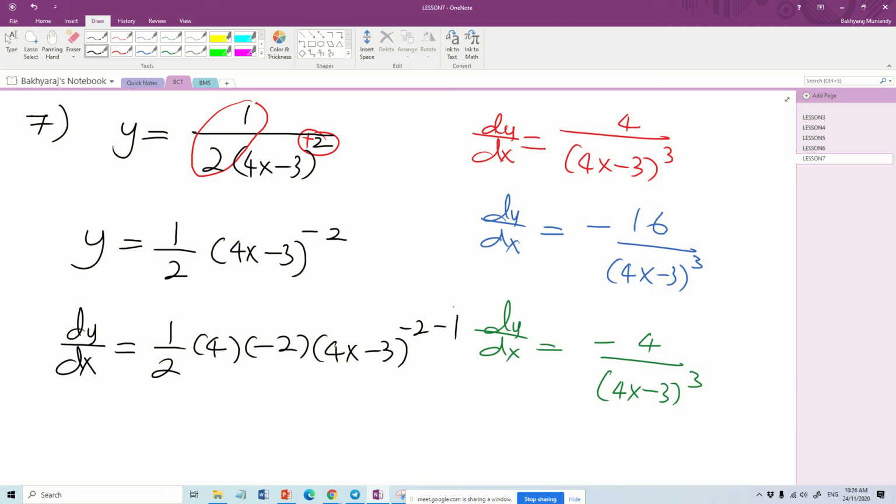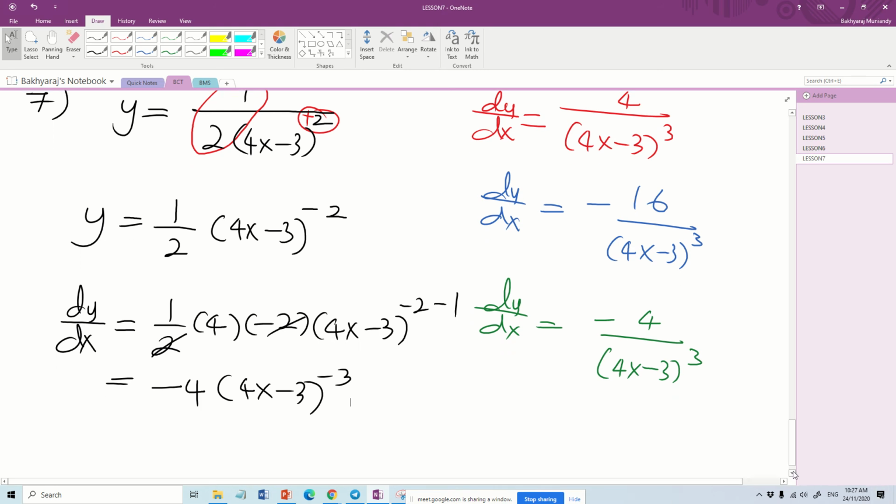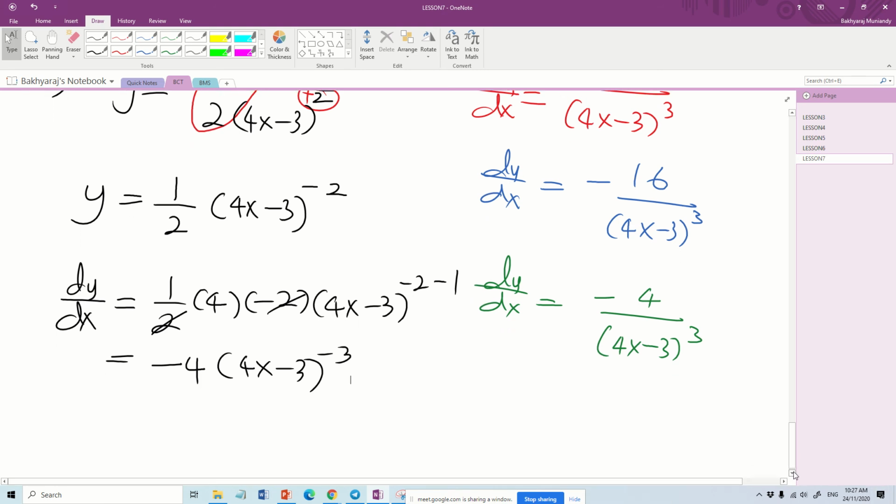Okay, so after that saya boleh kembangkan dia. Ini kalau saya kembang dia, ini akan jadi negatif. So ini ialah potong lah. Dia akan jadi negative 4 times 4x minus 3 power of negative 3. Okay, and then finally my last answer become equal negative 4 over 4x minus 3 power of negative 3.